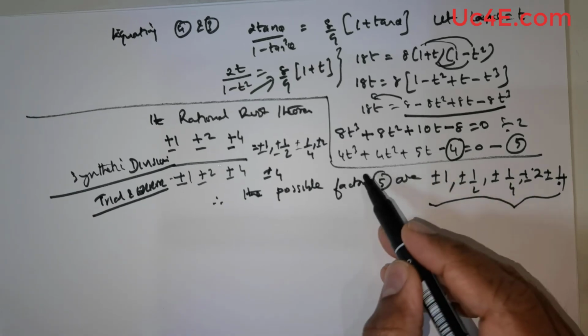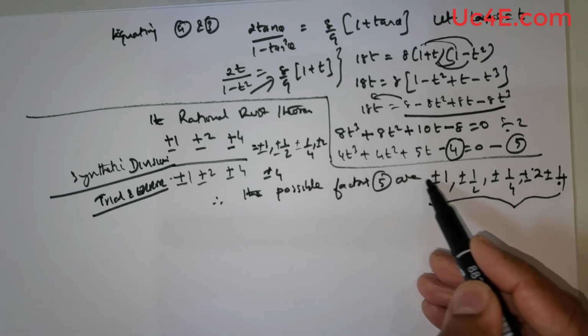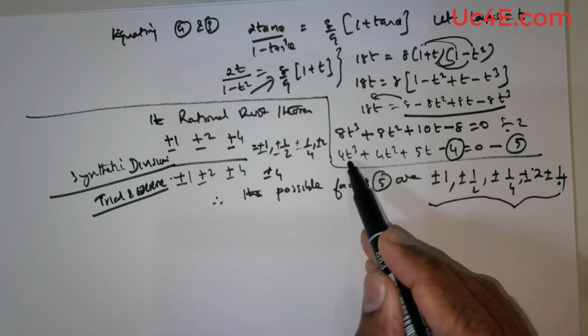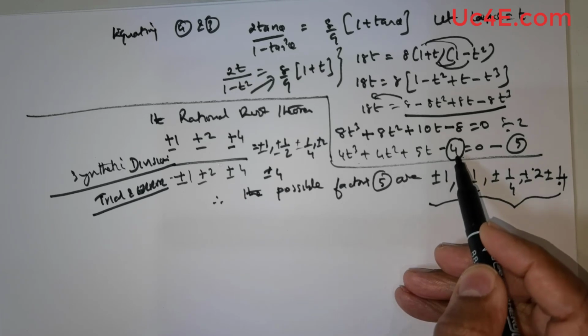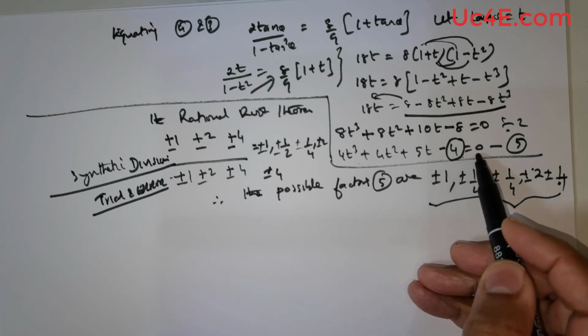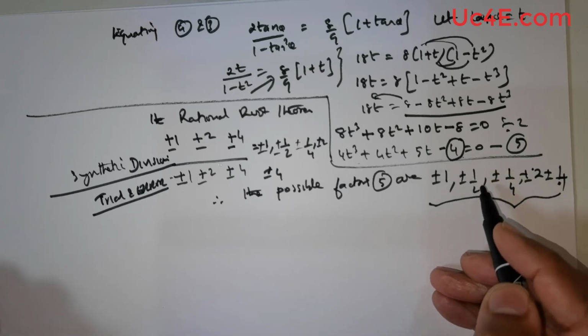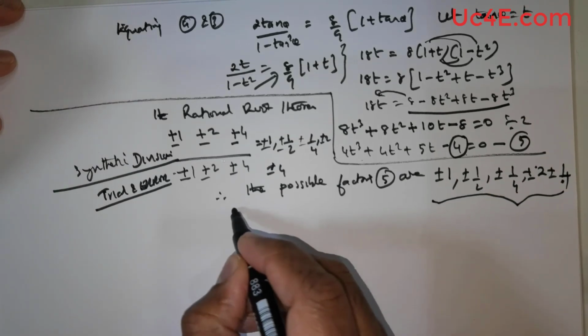So if I were to substitute plus or minus 1, clearly I can see it's not going to work, because you will have a remainder which is not equal to 0. Now if you want to substitute plus or minus 2, let me substitute plus 2.